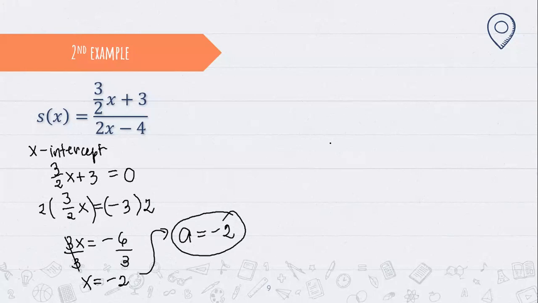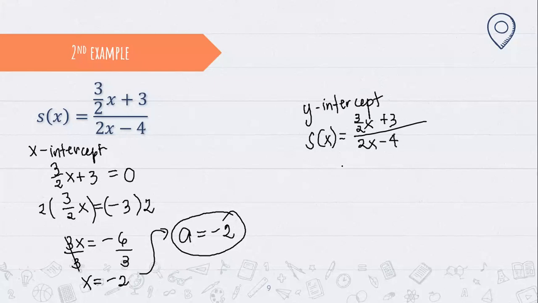O, next tayo, y-intercept. Pag y-intercept, class, substitute natin yung what? Yung 0 doon sa mga x's natin. So we have s of x, kopyahin yung buong function. S of x is equal to 3 over 2x plus 3 over 2x minus 4. Tapos, substitute x with 0.